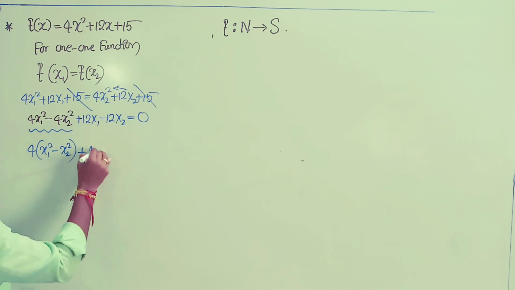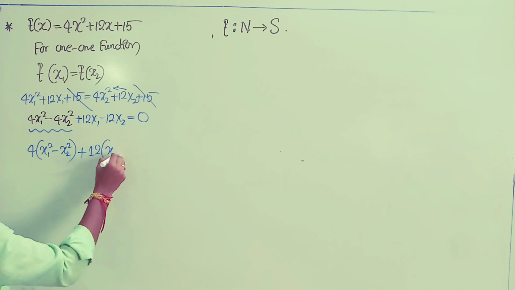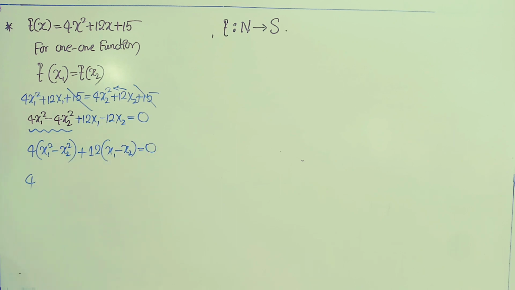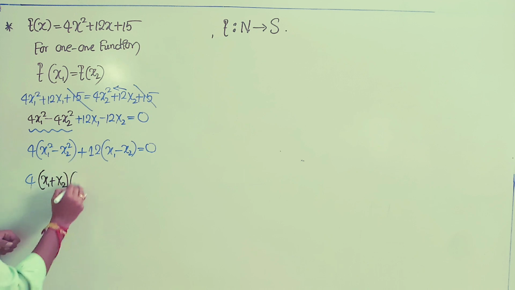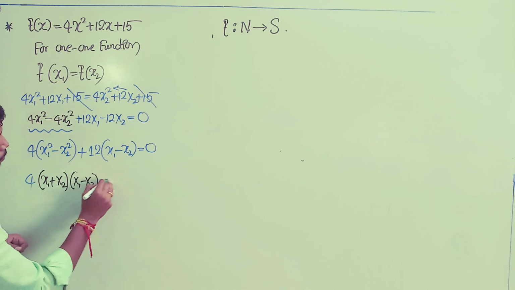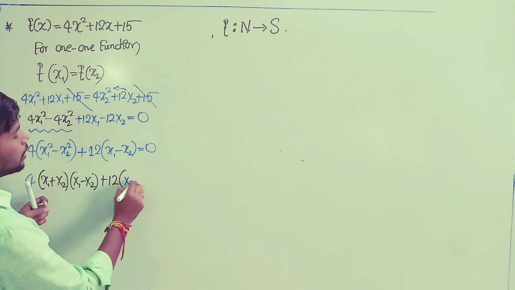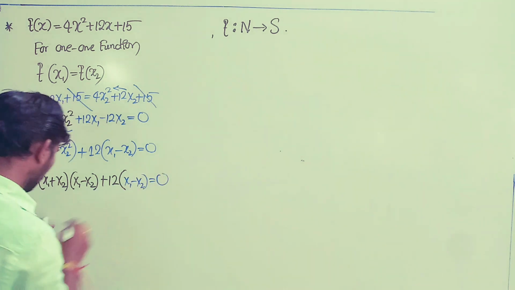In the next term, I need to take 12 as common: x1 minus x2 is equal to 0. 4 as it is. In the last problem I told you the a square minus b square formula. So 4 times (x1 plus x2)(x1 minus x2) plus 12 times (x1 minus x2) is equal to 0.